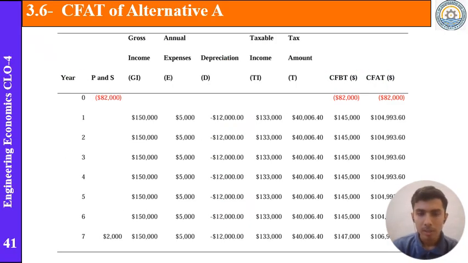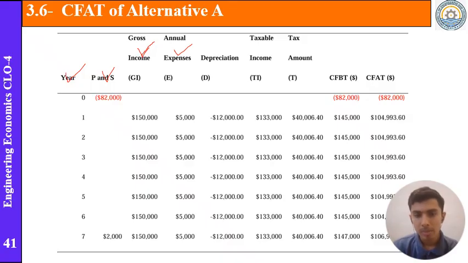Now, in a similar way, the cash flow after tax analysis for alternative A is given. The first column represents the number of years. The second column represents the initial investment as well as the salvage value for the project. The gross income and the annual expenses are calculated depending upon the number of operators using the manually operated arms.